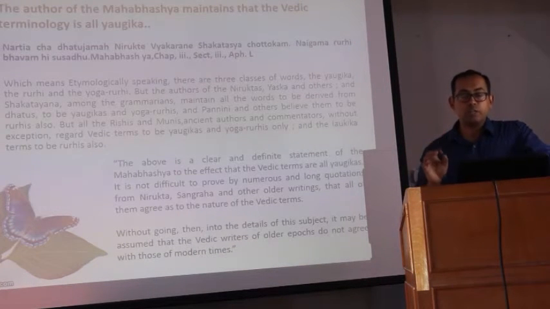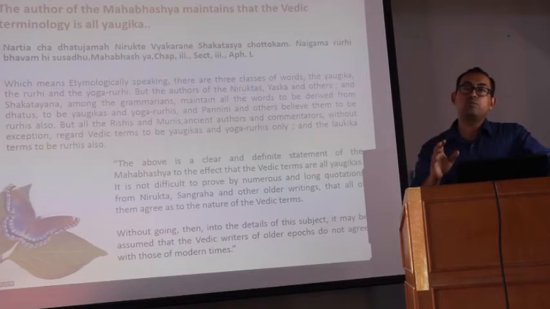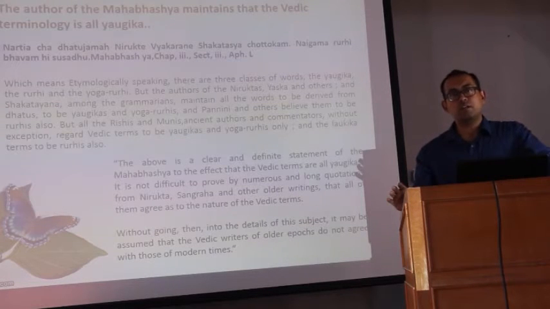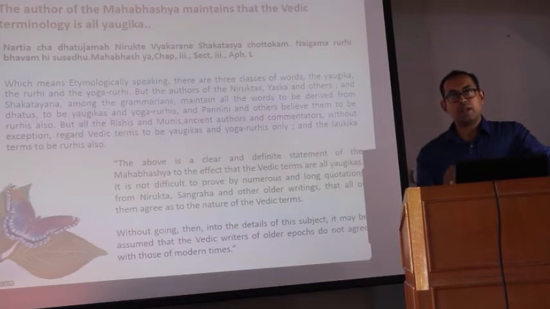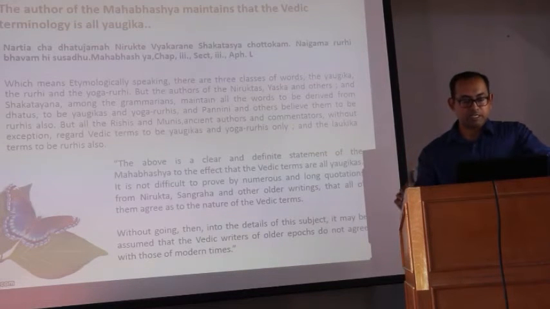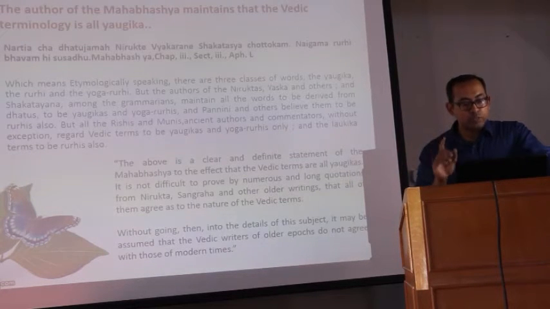But the author of Nirukta, Yasakacharya, a great intellectual person, based on whom almost all the acharyas have written their commentaries, except the Westerners and some modern-day Indian acharyas, and Shatkayana, among the grammarians, maintain all the words derived from dhatus to be yogic and yog Rudi. And Panini and others believe them to be Rudi also.